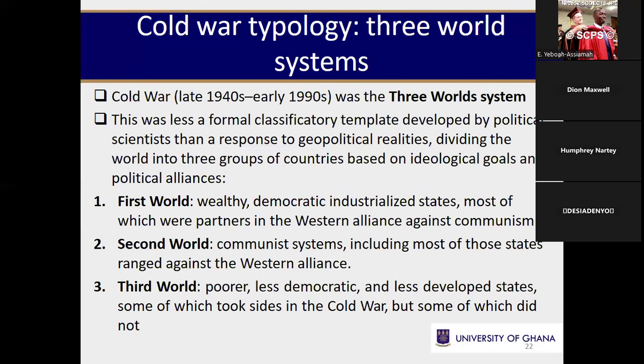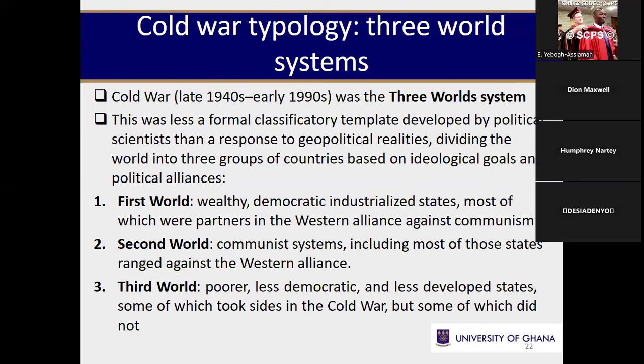This was led by the US. They were mostly rich countries, they were democracies, they were industrialized, and they formed what we call the First World, preaching democracy to the other parts of the world.